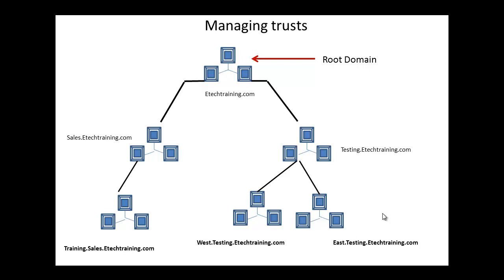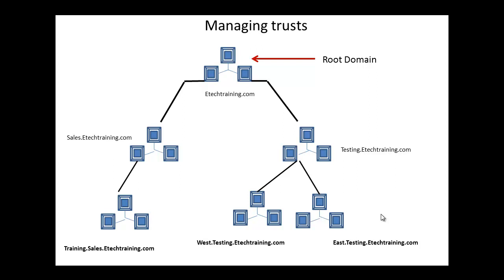In some situations, however, you might decide that you don't want to use a two-way trust. You simply want a one-way relationship. This means that the trusting domain, the domain with the resources, allows resources to be shared with the trusted domain, but not the other way around.